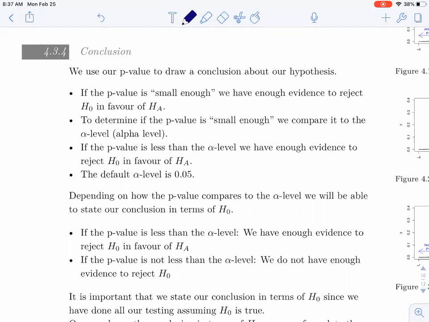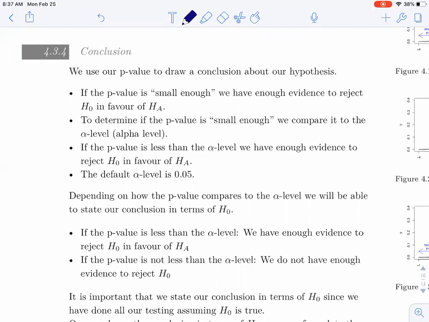And so we have to have some threshold that says, okay, anything smaller than this will be considered small enough. As a default, we're going to use 0.05 as our alpha level. I don't have that on here, I guess. Oh, yes, I do.